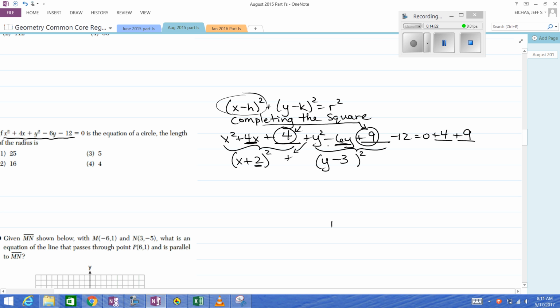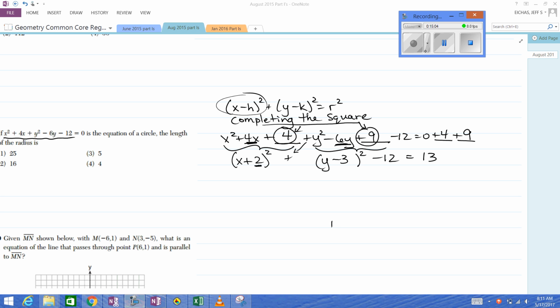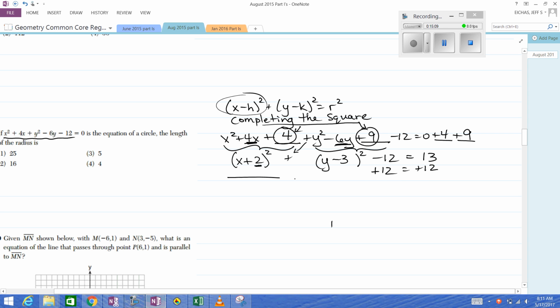We added it into the left, so we added it into the right. All right, and then 4 plus 9 is 13. We will add 12 to both sides. And now we have it in what's called center-radius form.